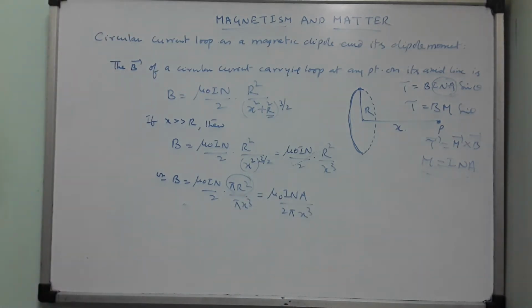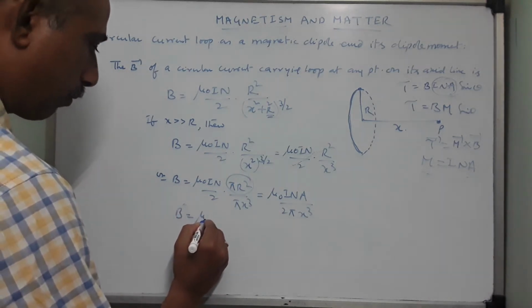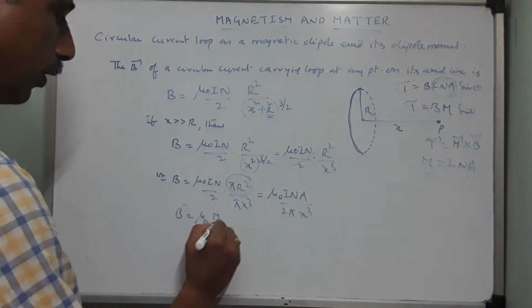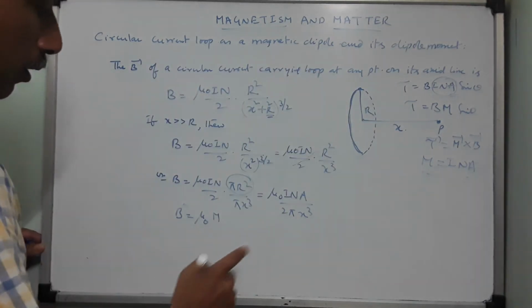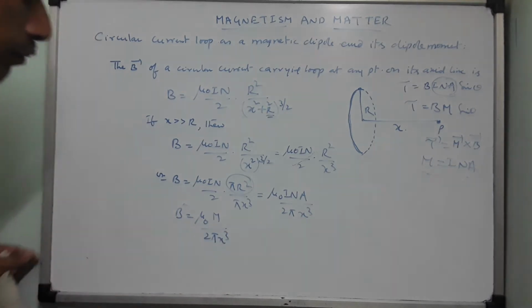Okay, right. Now in the further step, B equals mu naught, INA can be written as capital M, known as magnetic dipole moment of the circular current carrying loop, divided by 2 pi into X cube.